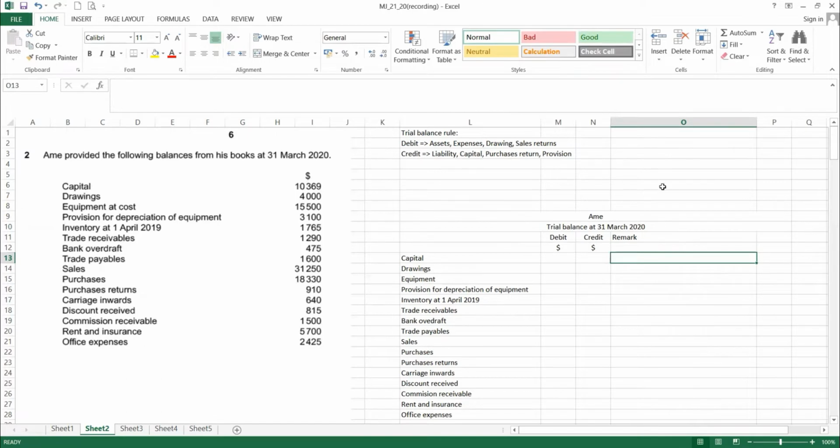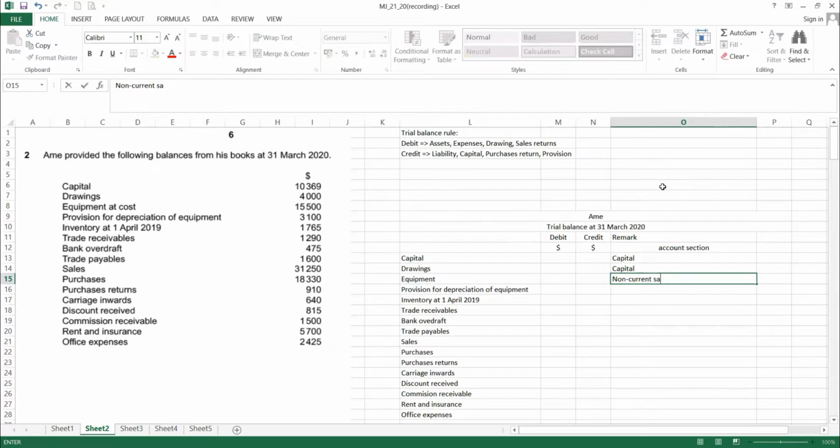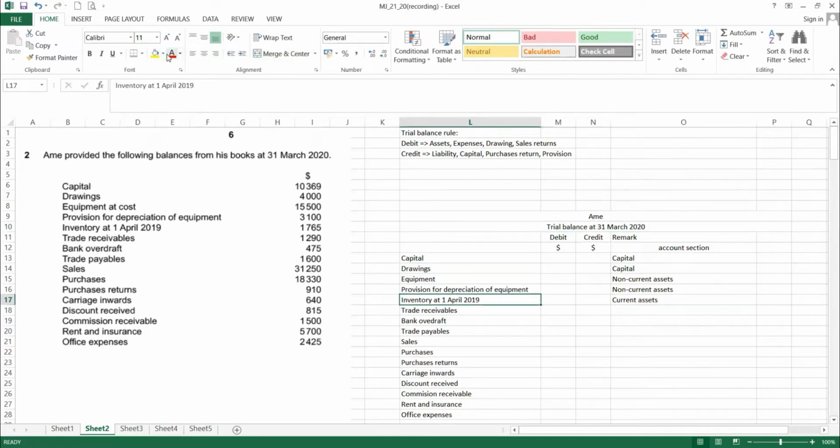Capital is under the capital section. We are talking about the account section here, so that you get a better idea. Drawing is actually under the capital section. Equipment is a non-current asset. And then provision is also non-current asset. Inventory is current asset. And in the trial balance, take note that inventory must be the opening inventory only.